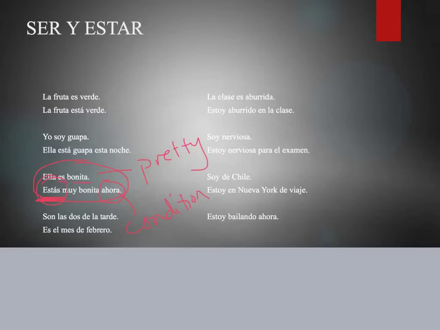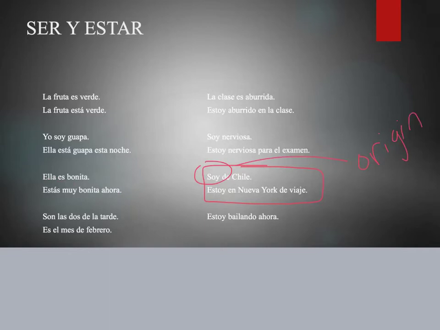Okay, let's look at another example here. So, soy de Chile or estoy en Nueva York de viaje. So in this example, we know that we use the verb ser to describe where someone is from, so their origin. So when I say soy de Chile, I'm saying I'm from Chile, soy de Chile. But then if I look at the other example, I'm still talking about a place, so Nueva York, New York.